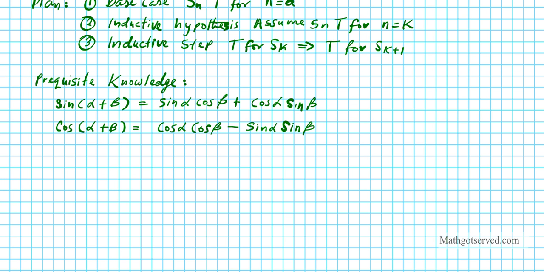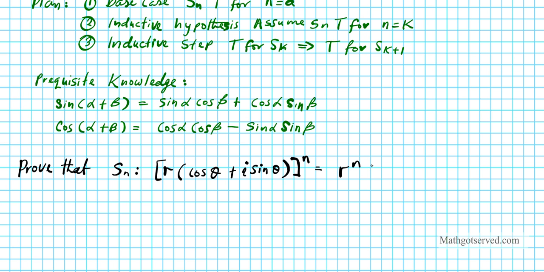Okay, so we need to write down what the statement is. The statement Sn that we want to prove is: r times cosine theta plus i sine theta, this complex number in polar form, raised to the nth power, is equal to r to the n times cosine n theta plus i sine n theta, for all n greater than or equal to 1.